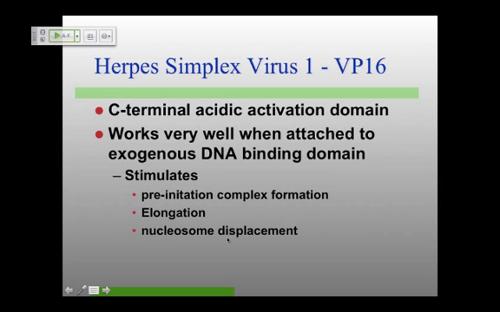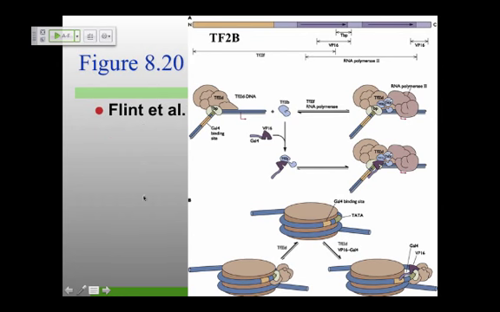So what does that look like in a cartoon fashion? Here we have our VP16. This is a completely artificial construct where it's now attached to a separate DNA binding domain. So this VP16 can now bind to DNA.